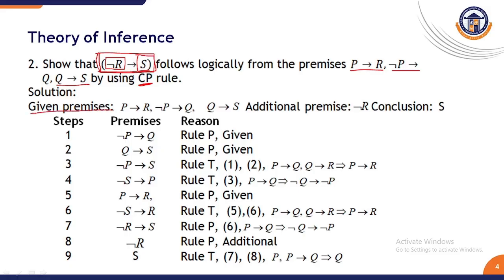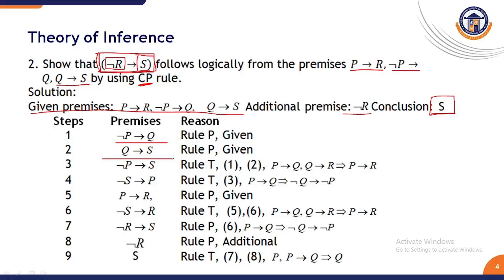So here the given premises are P implies R, negation P implies Q and Q implies S. Here the additional premise is negation R because the conditional proof rule is followed in this problem, and the conclusion is S. So we have to derive this S by using these four premises. In steps 1 and 2, rule P is followed.